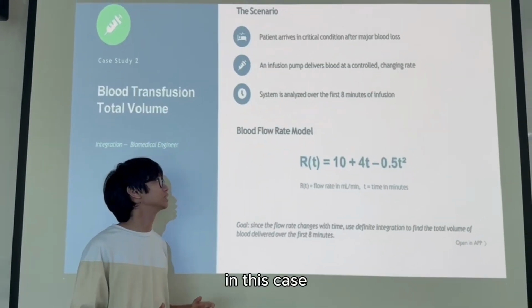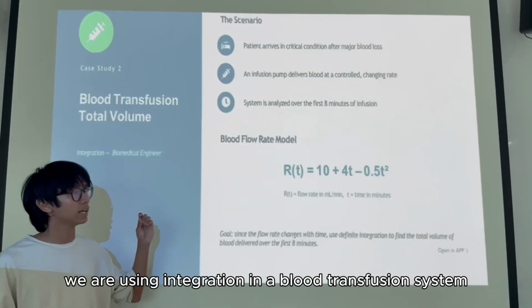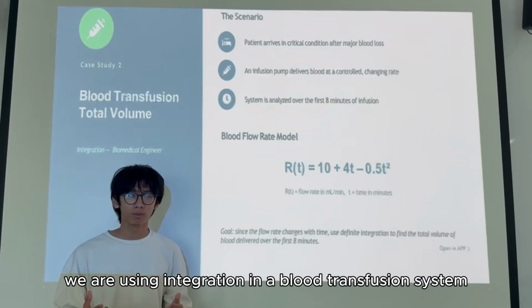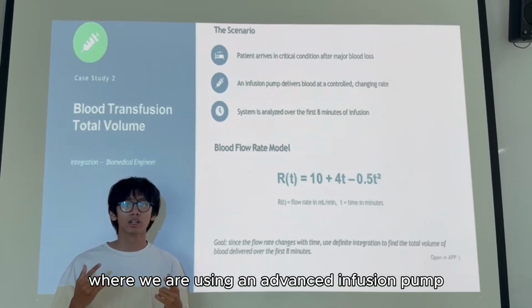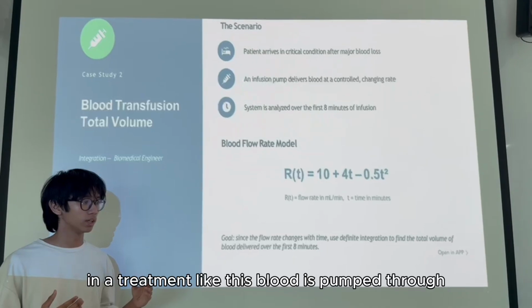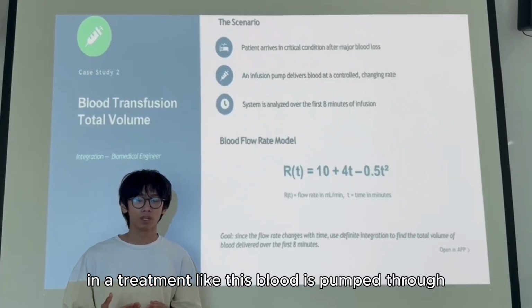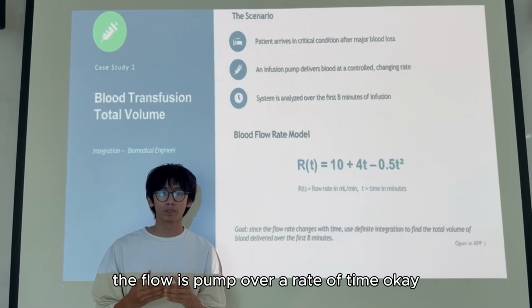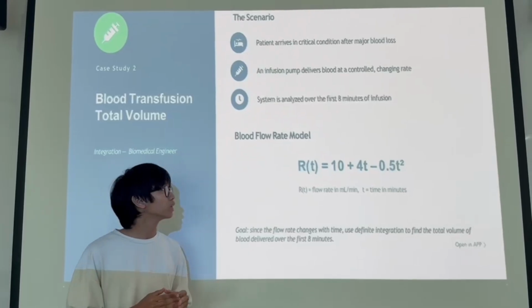In this case, we are using integration in a blood transfusion system where we are using an advanced infusion pump. Basically, in a treatment like this, blood is pumped at a certain rate over time.